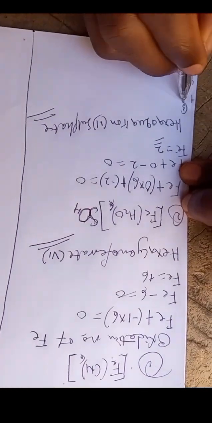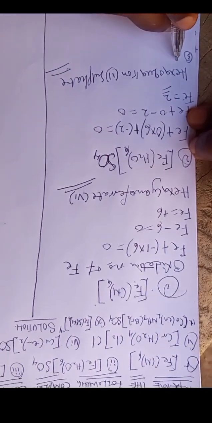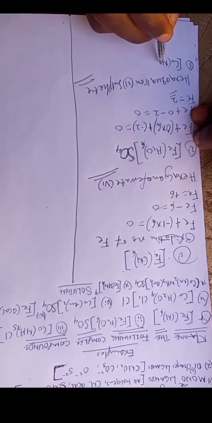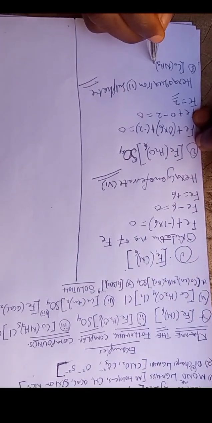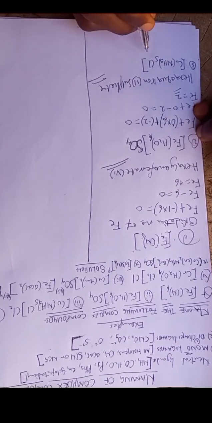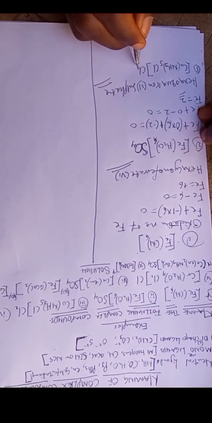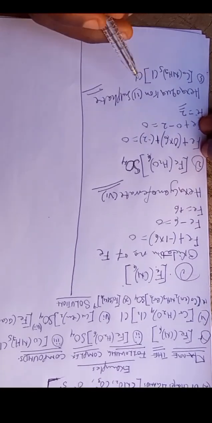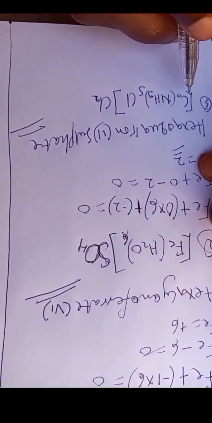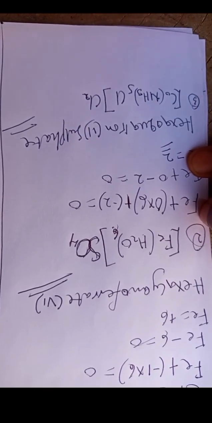Let's try the number 3. So this one is Co(NH3)5 Cl, then Cl2. This one is almost the same as the one we just named. So now to name this one, you have to calculate the oxidation number of cobalt. Co is cobalt, as under normal elements.